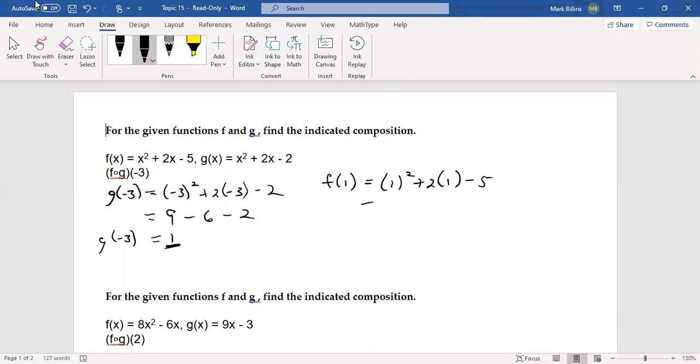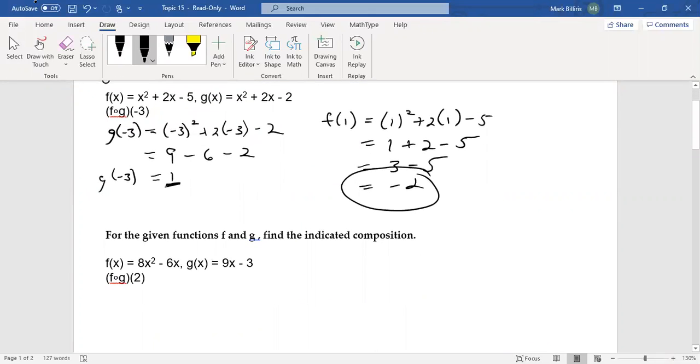Now using your order of operations, this becomes 1 plus 2 minus 5. And 1 plus 2 is 3, and 3 minus 5 is a negative 2. So the answer to this problem is negative 2. So again, work from right to left.